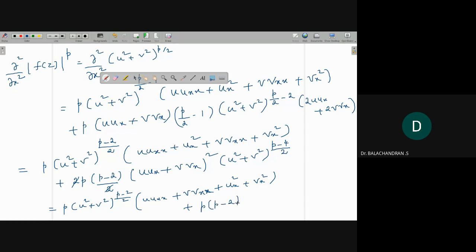Okay, p into p minus 2 into u square plus v square whole power p minus 4 by 2 into what? U into ux plus v into vx whole square.